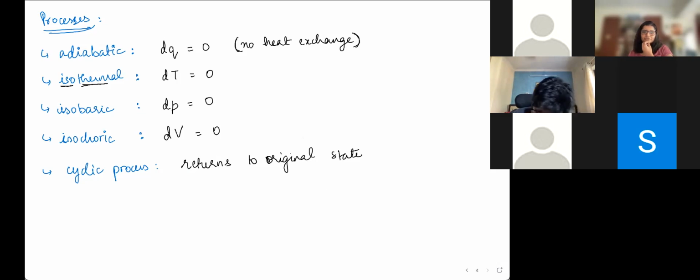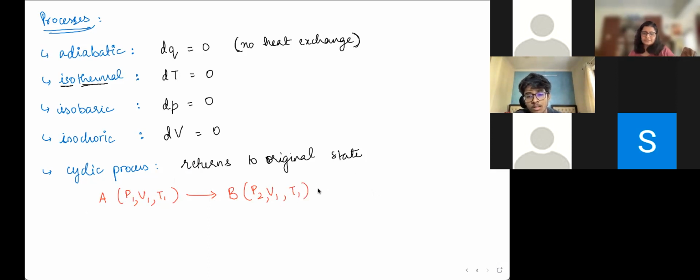So for example, at A, it may have, let's say, P1, V1, T1. Then somehow, let's say you change the pressure. So then it goes to B, where it becomes P2, V1, T1. Then you do something else to it. So volume and temperature change, and it goes to a state C, where pressure is P2, volume is V2, temperature is T2.